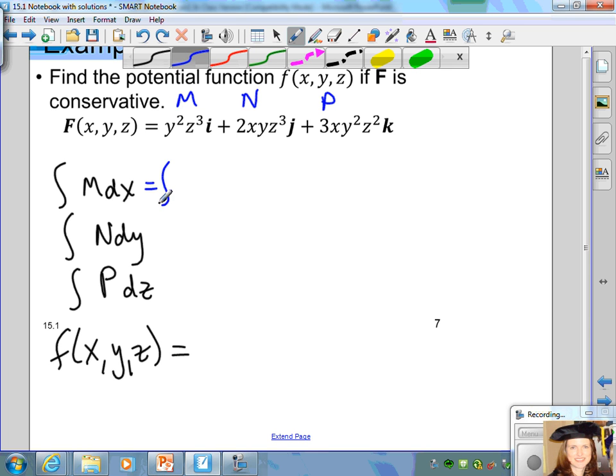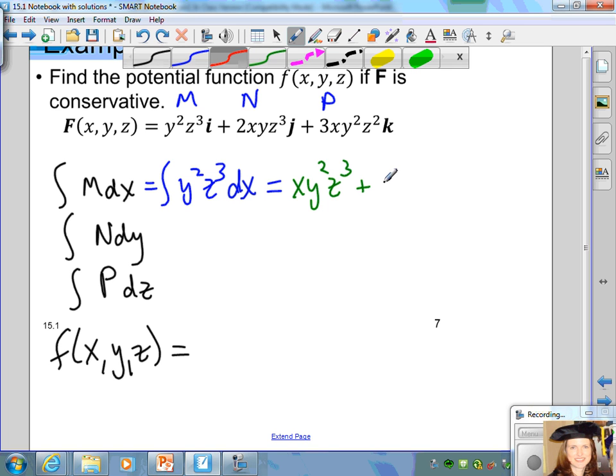So when we integrate this M, y squared z cubed with respect to x dx, we're treating x as a variable and y and z as constants. So this antiderivative is going to be this constant times x, or xy squared z cubed, plus we could have constants, but in this case our constants could be either y's or z's.